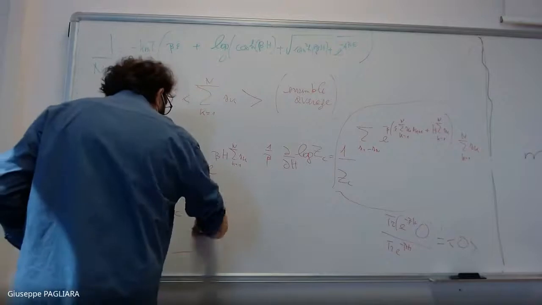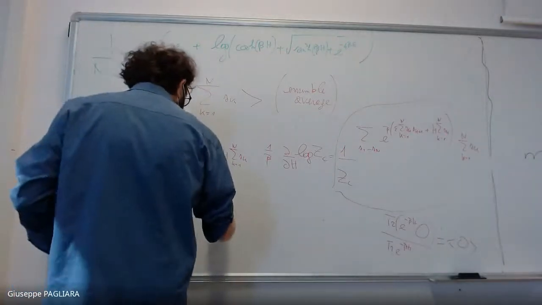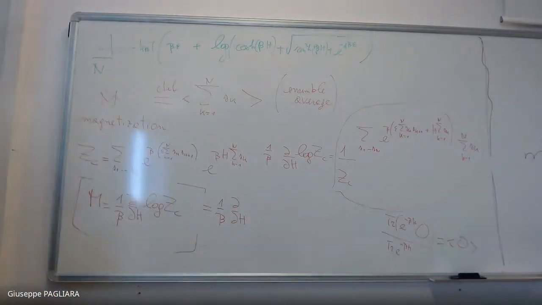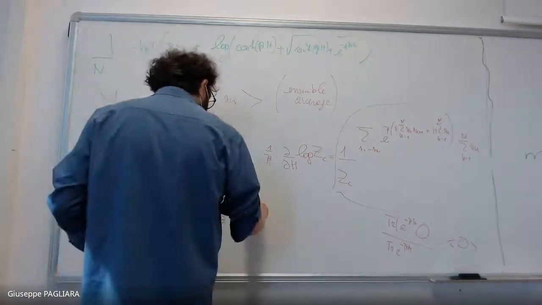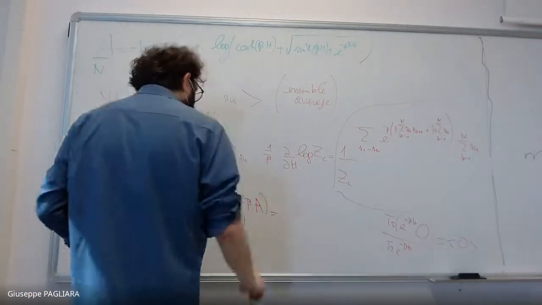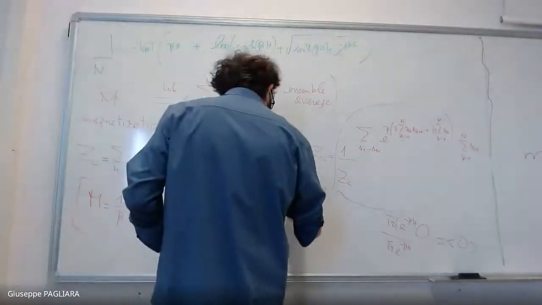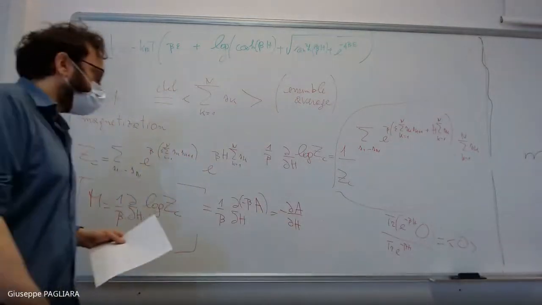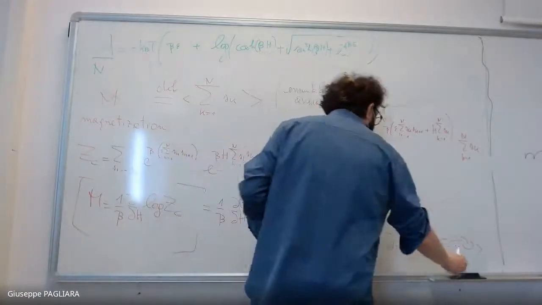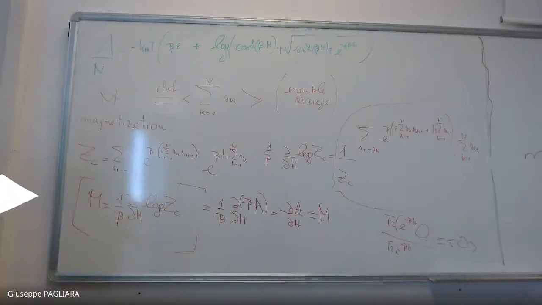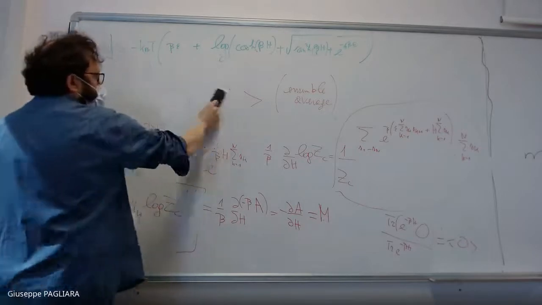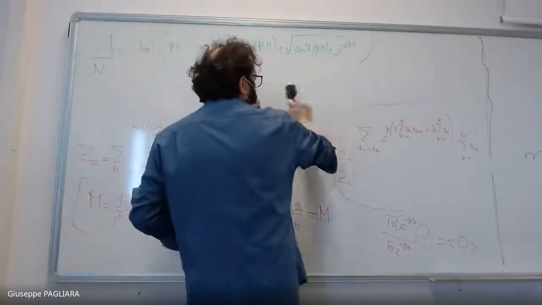Now this is also equal to 1 divided by beta times the derivative with respect to H of the log of Z_C, and log Z_C is just minus beta times the Helmholtz free energy, and therefore this will be minus the derivative of A with respect to H. And this is M. And this is the important quantity: the total magnetization divided by N, so per particle.